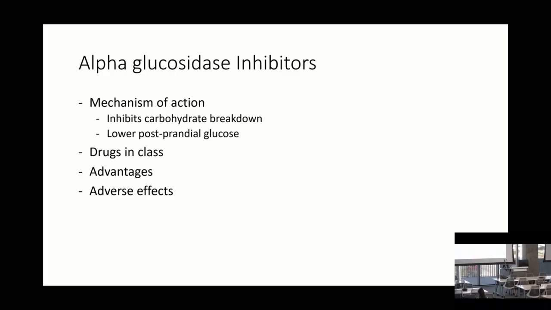Yes, acarbose. That's the most popular one. Advantage is it's cheap and effective. But the biggest thing about alpha-glucosidase inhibitors is the adverse effect. Because you don't absorb the carbohydrates, they stay in the stool, and they cause all kinds of gas and bloating. That's the most common complaint that patients will talk about.